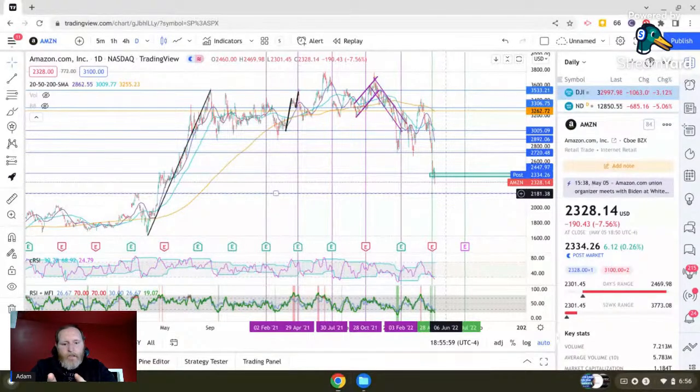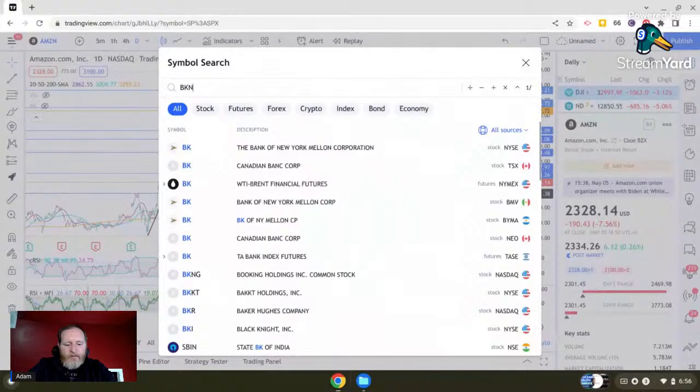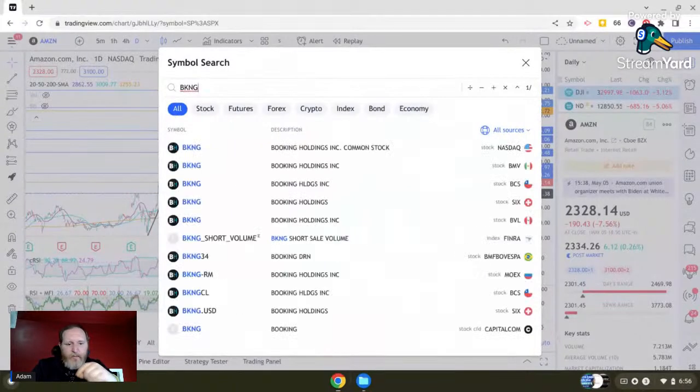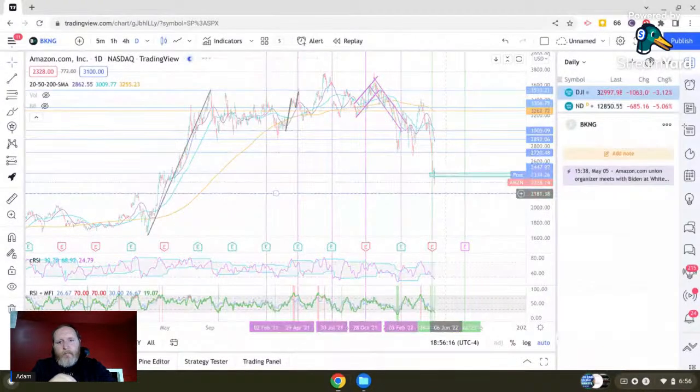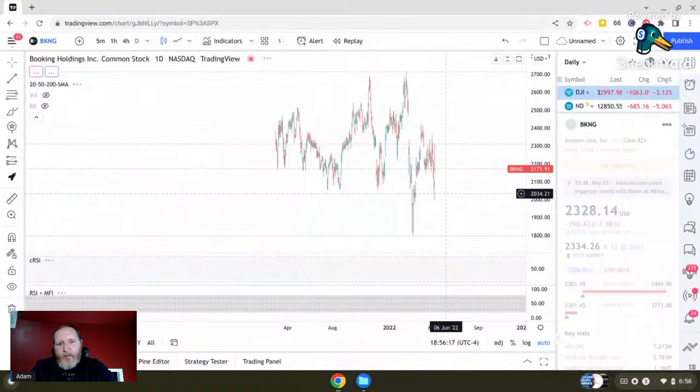Now, to switch direction just a little bit, head to the travel industry, the hospitality. Booking Holdings, ticker symbol is BKNG. They reported. They were up 3.3% today.